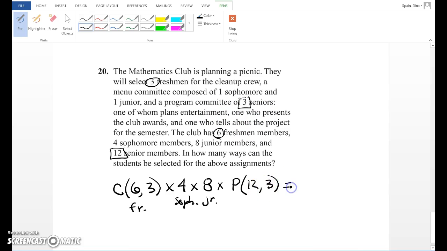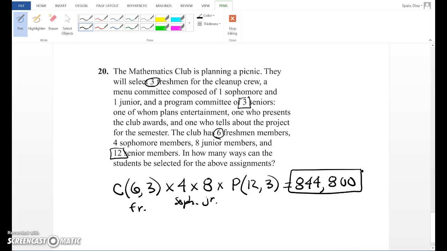All right, so you could key this in your calculator exactly. Do the 6 nCr 3 times 4 times 8 times 12 nPr 3 and enter. And it will tell you that it's going to be 844,800.